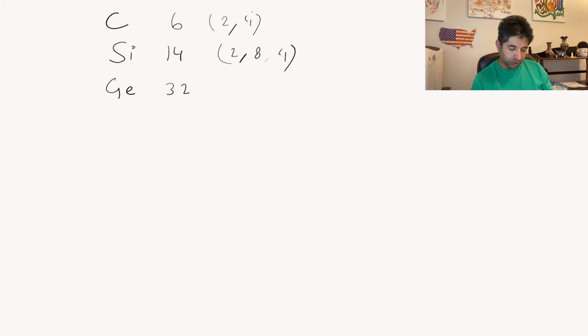Similarly, the other ones. So you see that each silicon atom will have 4 electrons.